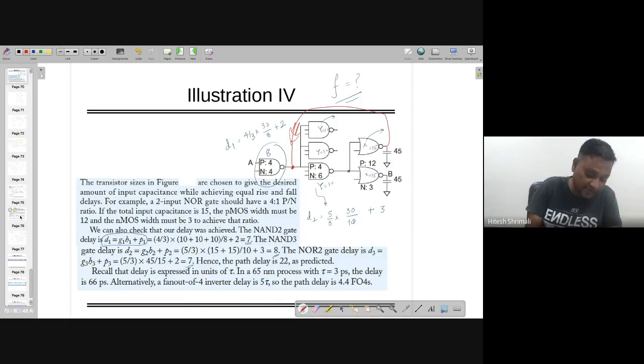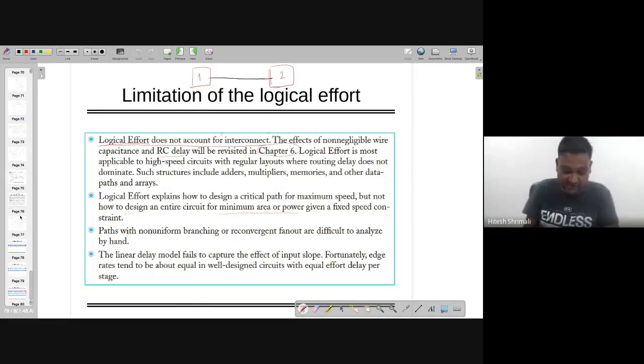However, you cannot say that it's not completely possible, but it's difficult. And the linear delay model fails to capture the effect of input slope. As I told you, if the input is like this, you will observe a different delay. And if your input is like this, you will have a different propagation delay, meaning the rise time is changing. So that's also not accounted for over here.